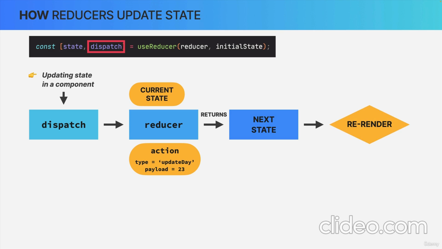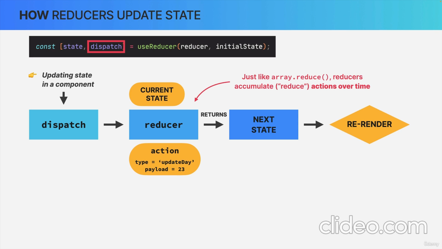Now, if you're wondering why the reducer function is actually called a reducer, it's because it follows the exact same idea as the array reduce method. So just like the reduce method accumulates all array values into one single value, the React reducer accumulates all actions into one single state over time.